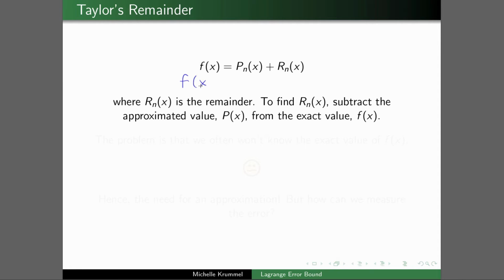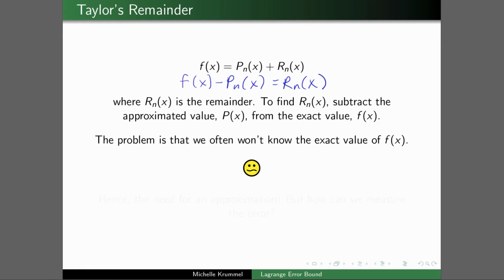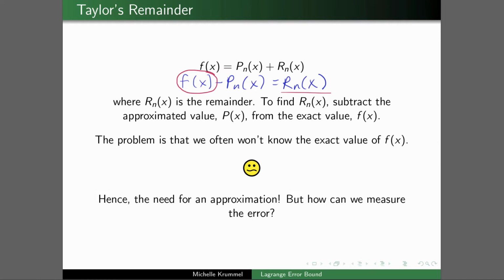So we'll have f of x minus Pn of x equals Rn of x. The problem is that we often won't know the exact value of f of x. So if we don't have the value of f of x, we're not going to be able to solve for Rn of x. Hence the need for an approximation. But again, how can we measure the error?